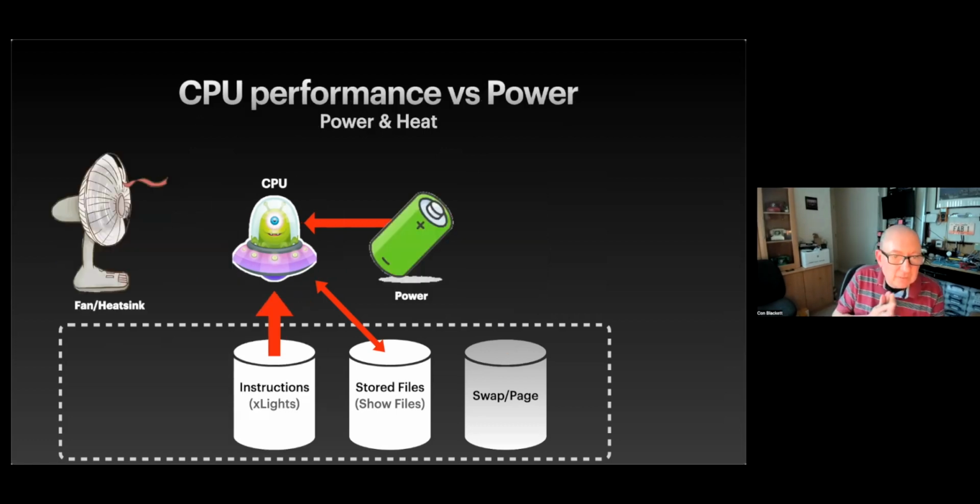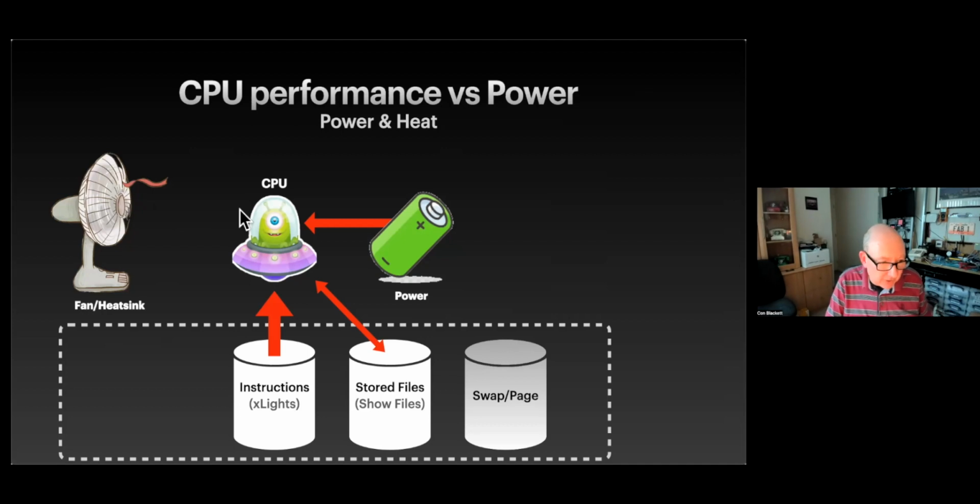Right, the other thing which Ron related to earlier on, which is about power and the heat generated by these damn things, is that when you run a CPU at, say, 80, 90%, that little alien gets quite hot. And it will use a lot of power, in this case I've shown a battery, to do what it's trying to do. If you've got a small CPU, you need a little bit of a fan and it generates a little bit of heat.